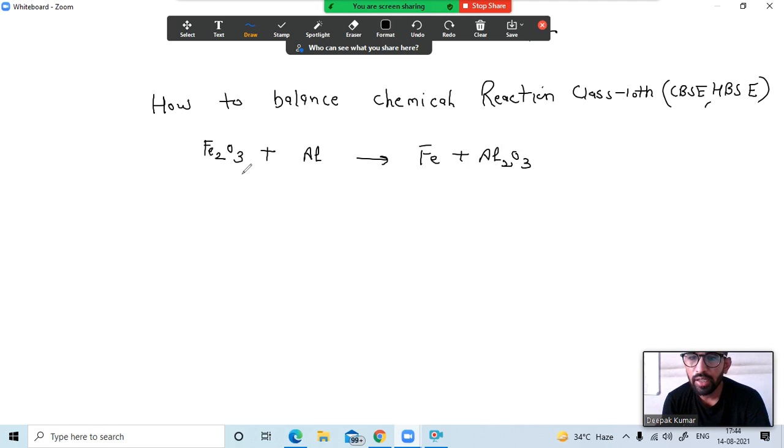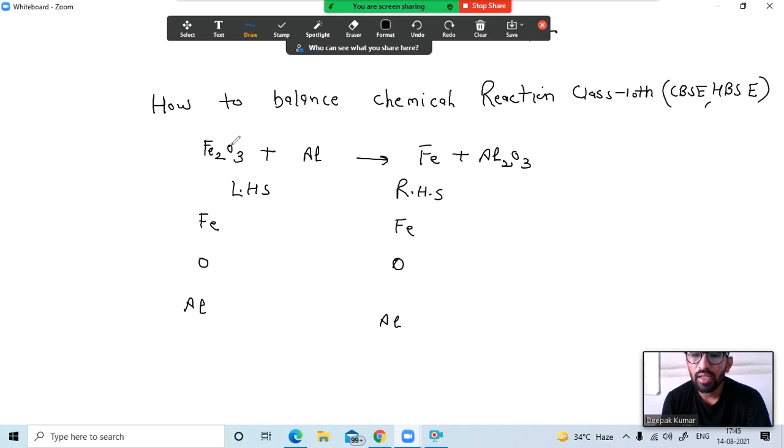Now first write the left hand side and right hand side. Now write the atoms. On the left hand side there are iron, oxygen and aluminium, and on the right hand side iron, oxygen and aluminium.